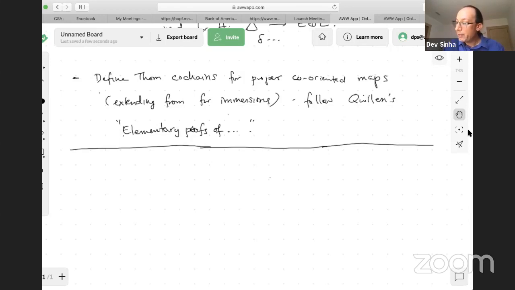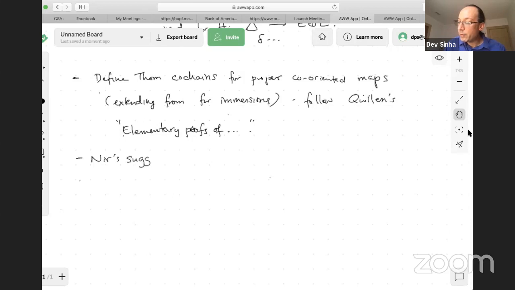Okay. So let me go ahead and, that would be a nice, or Near's suggestion. Replace E plus E by lambda squared E, and then play the same game with the zero section.